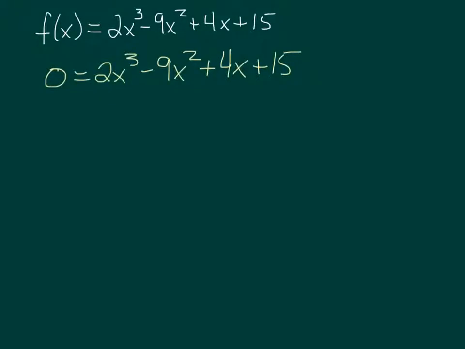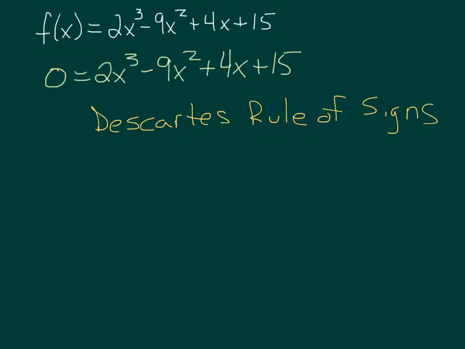To help us narrow it down, let's start with Descartes' rule of signs. We're just going to count the sign changes in the original here. We go from positive to negative, so there's 1.